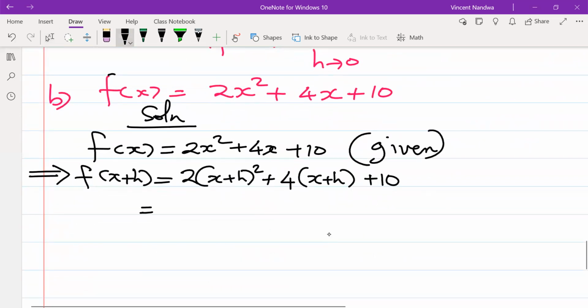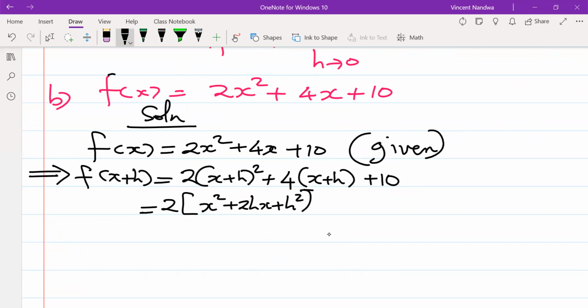Then open the brackets. We'll have 2 into x squared plus 2xh plus h squared, I trust you can do that expansion. And then plus 4x plus 4h plus 10. And once you have done with that, open the brackets.